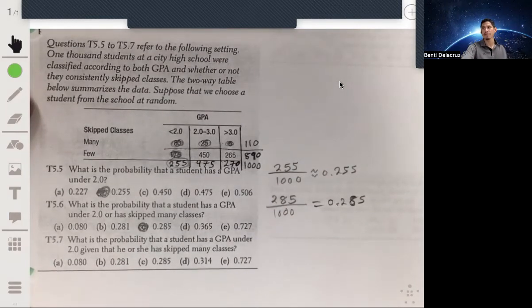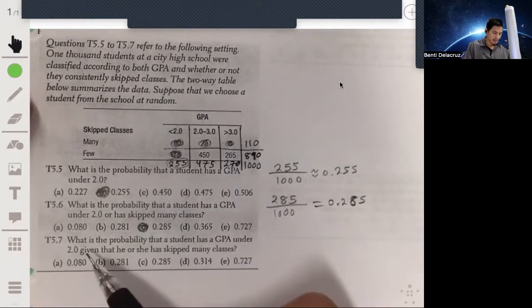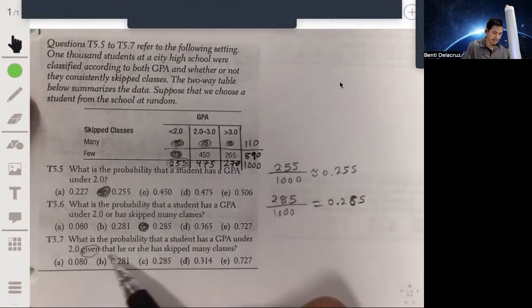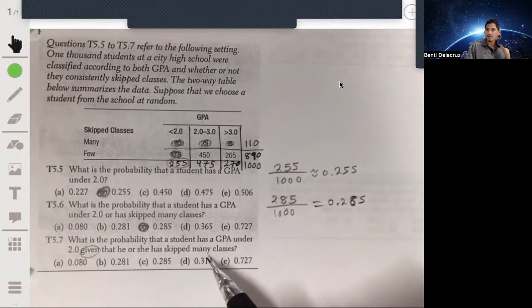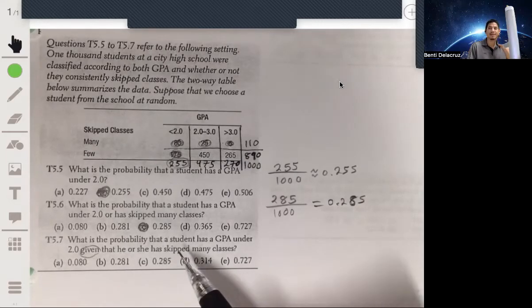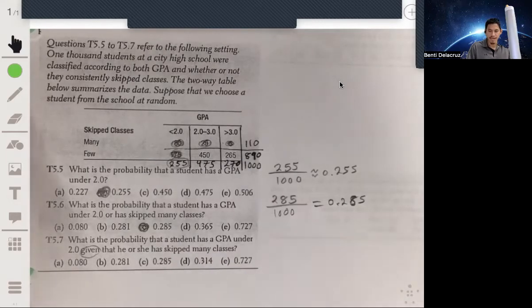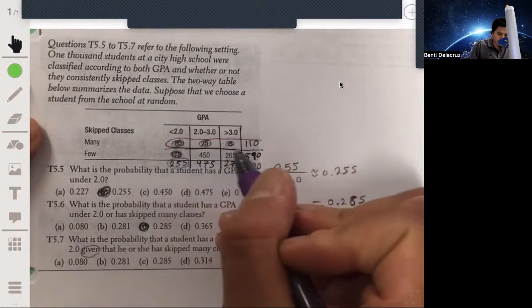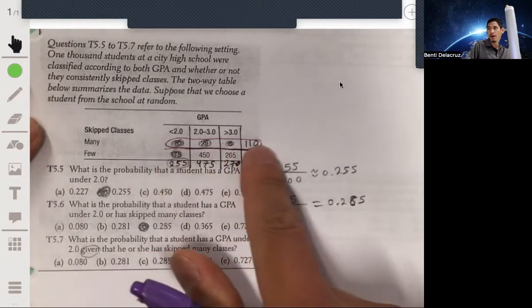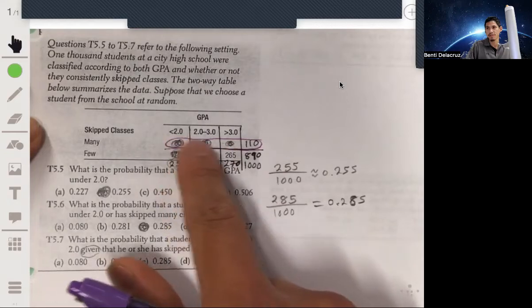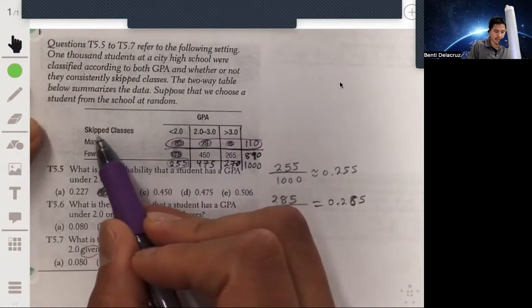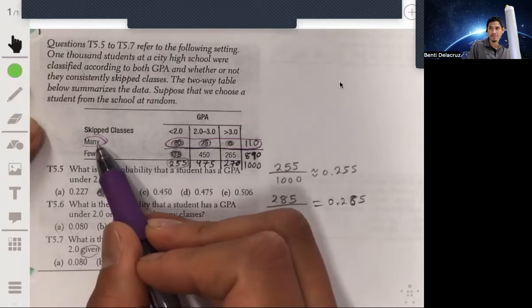All right, and then we look at: what is the probability that a student has a GPA under 2.0 given that he or she has skipped many classes? So we're given a condition essentially. The condition is that he or she had to have skipped many classes. With that in mind, we care about the values in here. We're limiting our individuals to the ones in this row because these are the ones that have skipped many classes. That has to be satisfied.